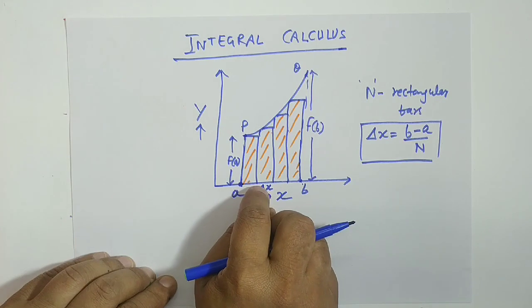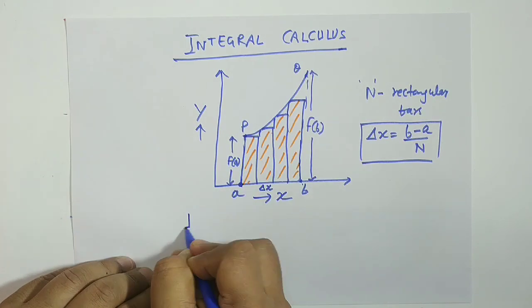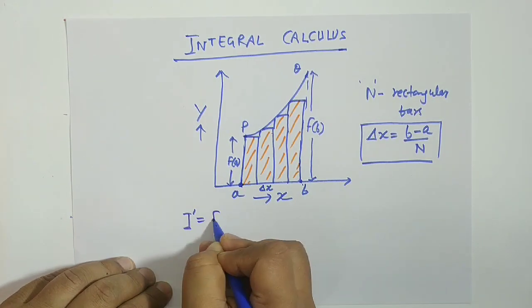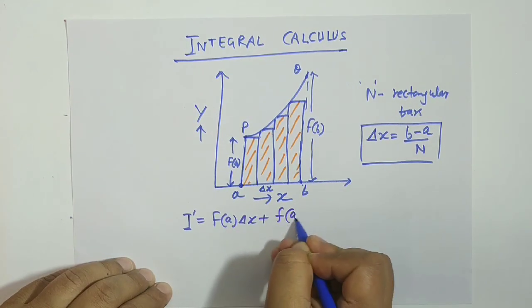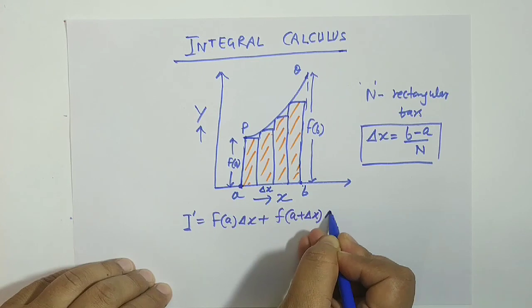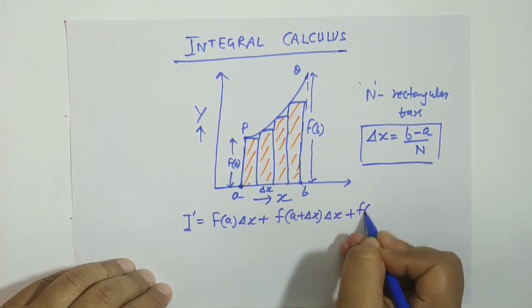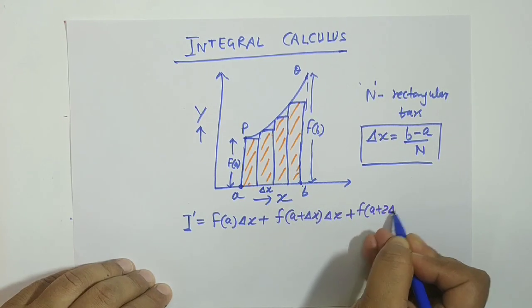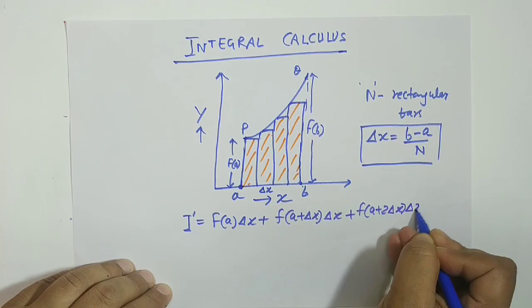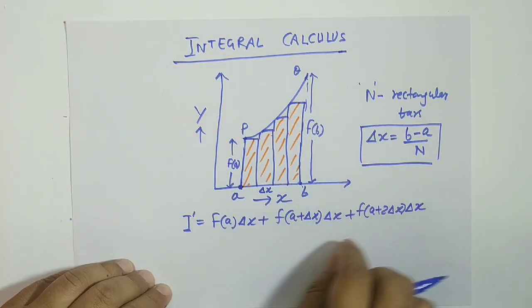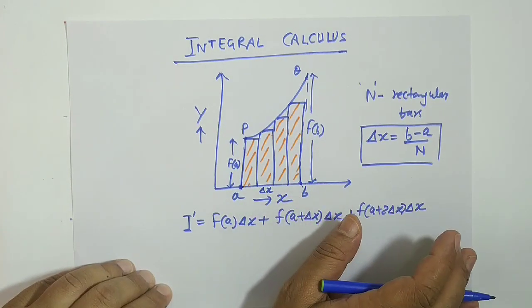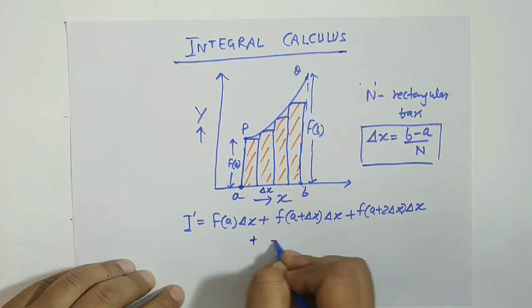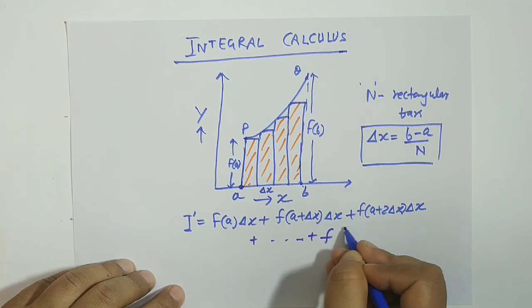So f(A) into delta x will be the area for this, f(A) delta x, plus then f(A plus delta x) into delta x, plus f(A plus 2 delta x) into delta x. I think you are getting how you find the area. Every time delta x is going to add. So this will be the area and it will go on till the nth value.